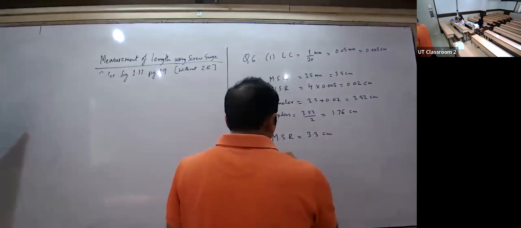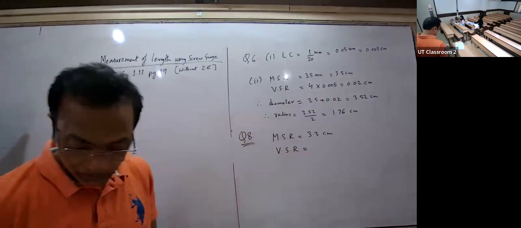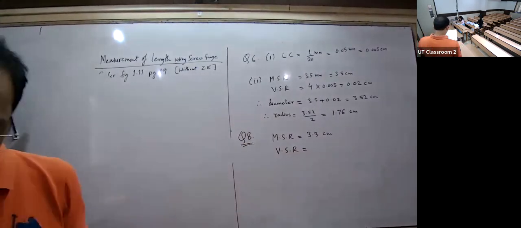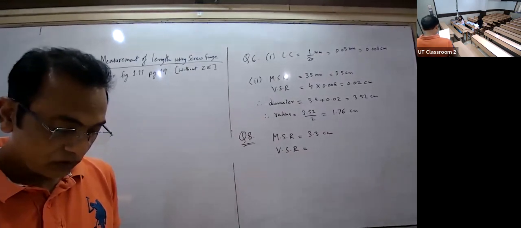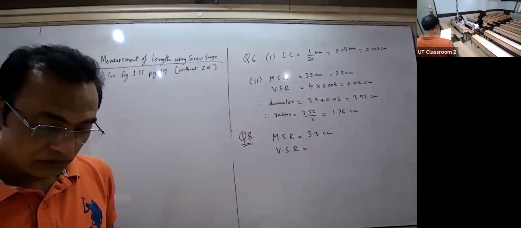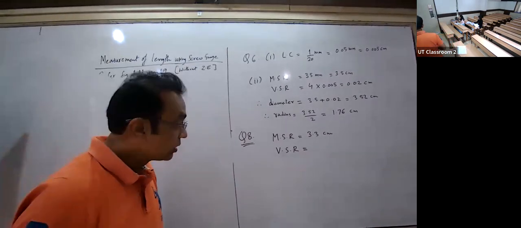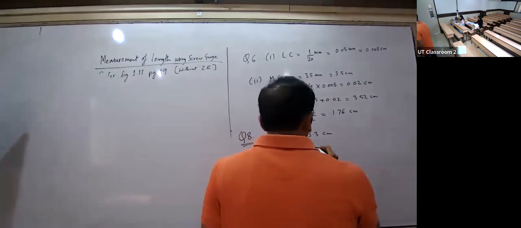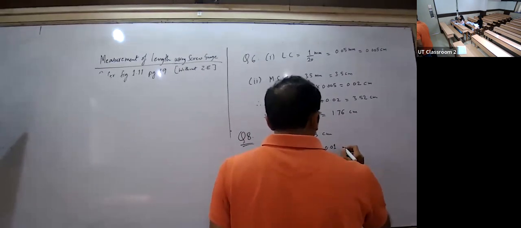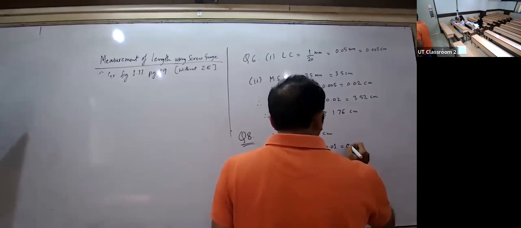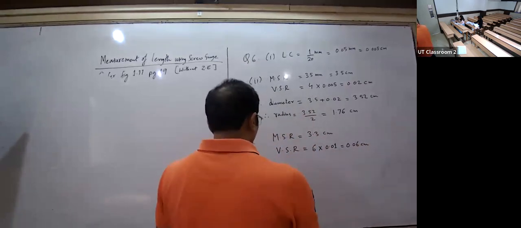So what is the vernier scale reading? What is the coinciding division? See, the sixth division is coinciding as per the diagram. Right? So it will be 6 into the least count, which is 0.01 centimeter, 0.06. So what is the true value?